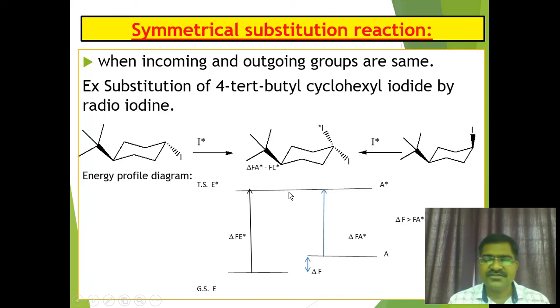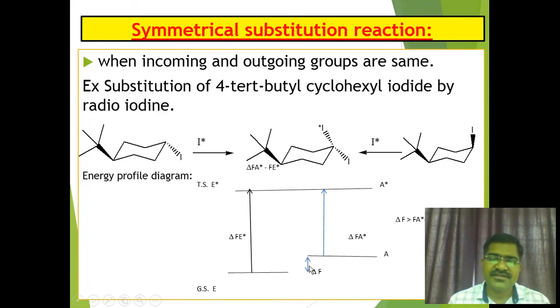And therefore this is a case of steric assistance, because the ground state difference is higher as compared to the excited state difference. So here I have written delta F is greater than Fa star minus Fe star.